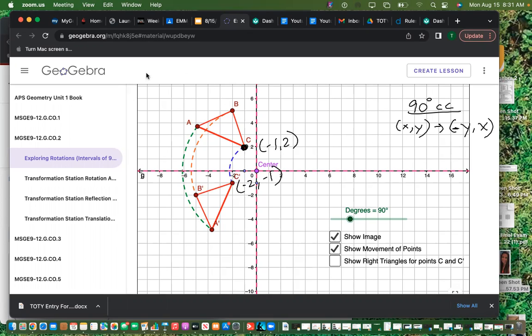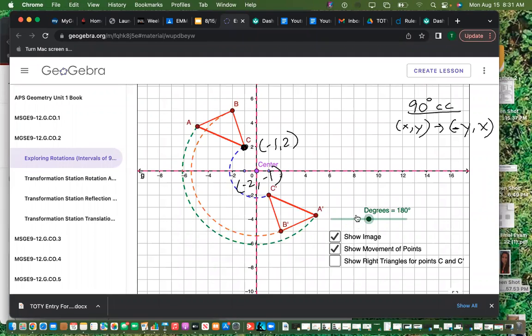If we moved it to 180, it would look like this. And again, we're taking the same point, -1, 2, and we're going to rotate it 180 degrees. And that's going to give us this point right here, which is -1, -2.